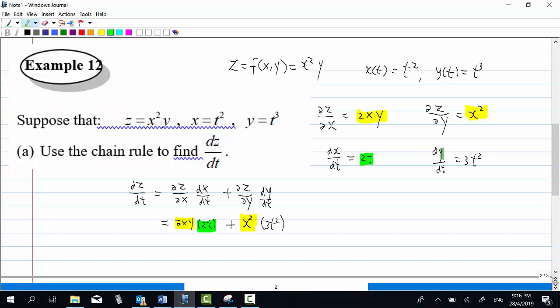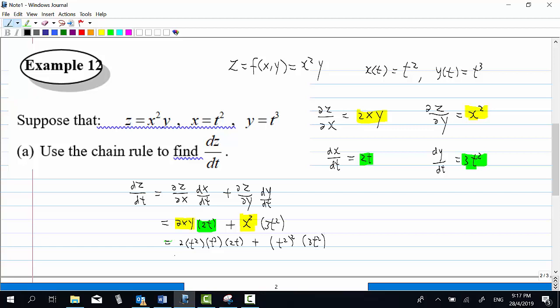Now, substitute the x and y. We know that x is equal to t squared, so this is 2 times t squared, and y is t cubed. And multiply by 2t, and then x is t squared, so t squared and squared again, and 3t squared.